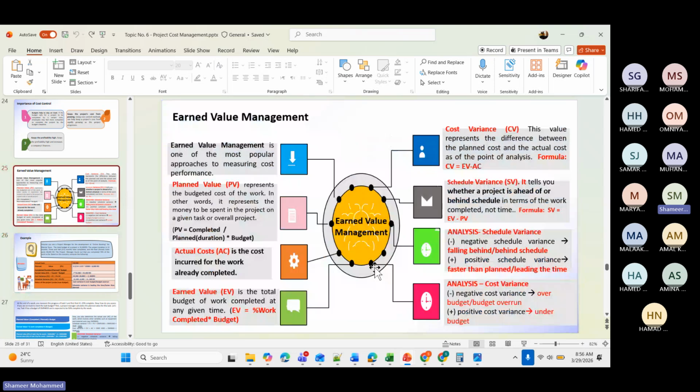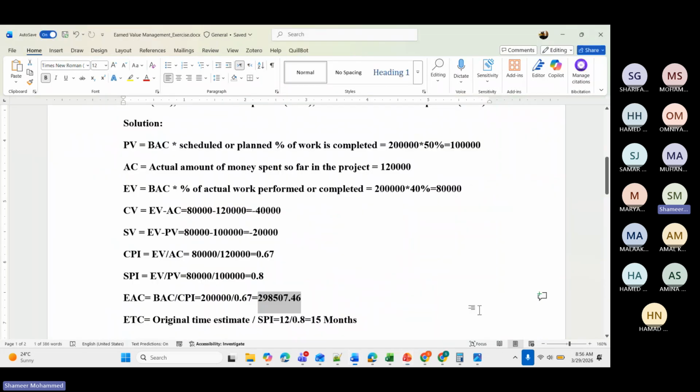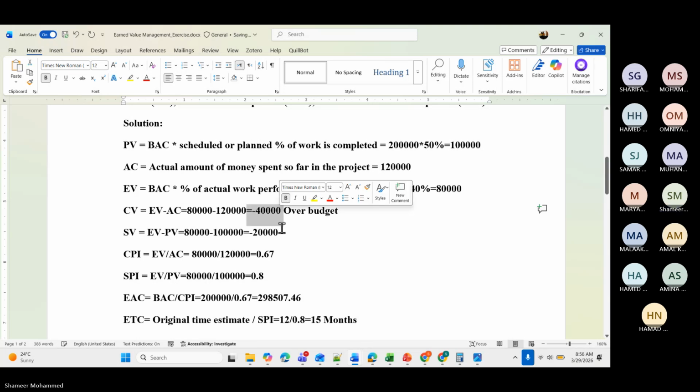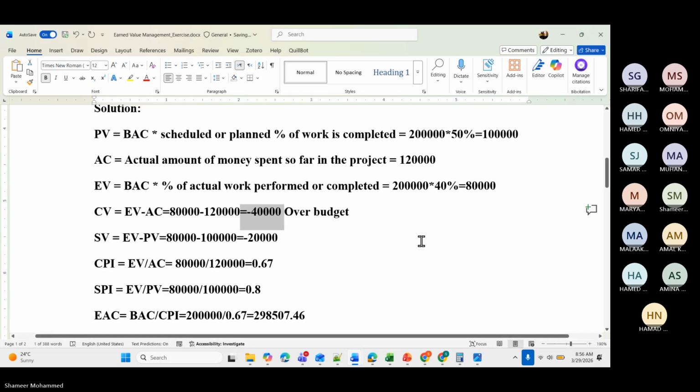What is cost variance if it is negative? Negative means over budget or budget overruns, right? This one means over budget, because you have minus here. Next one, schedule variance.